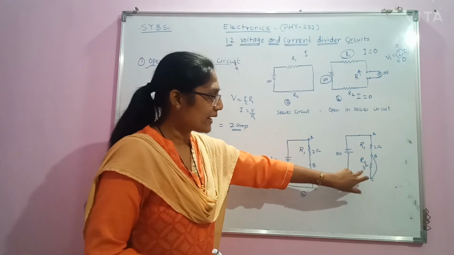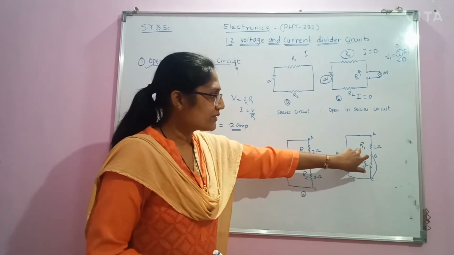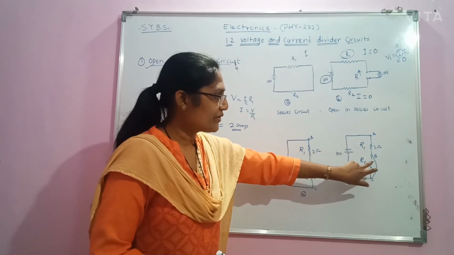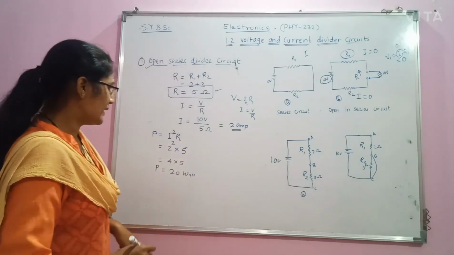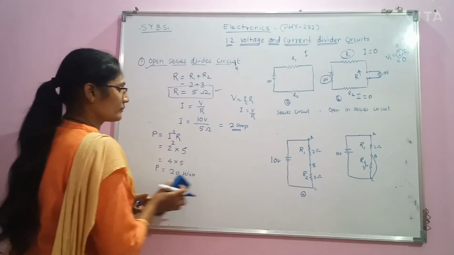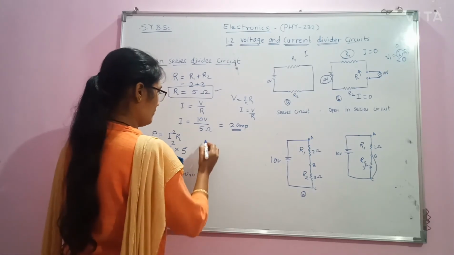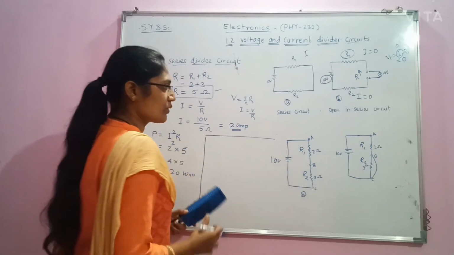As compared to the initial 5 ohm, the resistance has decreased by 3 ohm. Therefore, current is going to increase. So let's see in case of short circuiting.